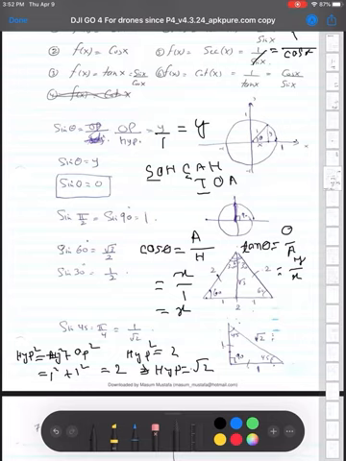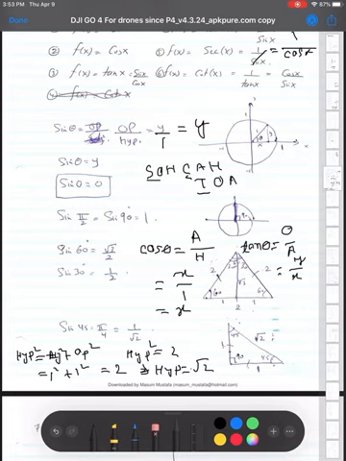So let's say we consider 60 degree as the angle. This will be the opposite, and this will be 90 degree always, which means this will be the hypotenuse. So for sine 60 degree, opposite over hypotenuse, opposite is √3, hypotenuse is 2. So sine 60 degree is √3 over 2.